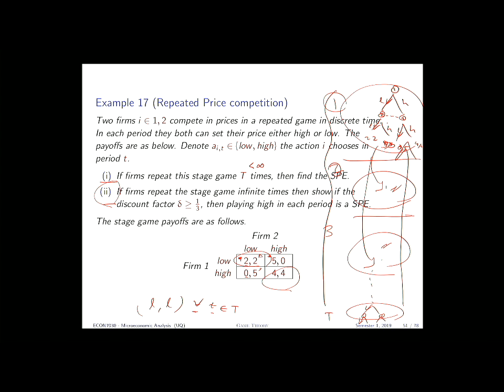Now, why would firm 1 cheat? Obviously, there is an incentive for cheating. If there weren't an incentive for cheating, then high would become a Nash equilibrium. Remember, the reason that high did not become a Nash equilibrium was these 5s. Because when one firm plays high, the best response of the other firm is not to play high as well.